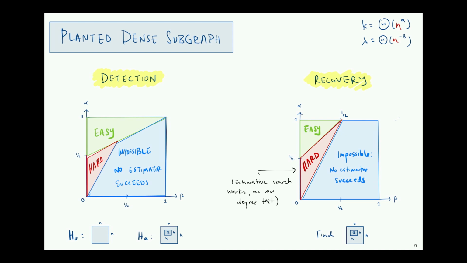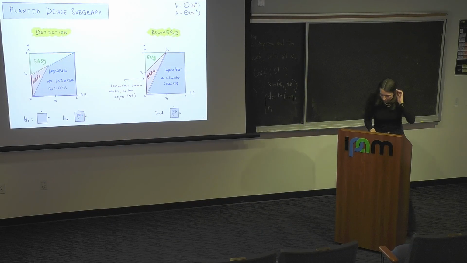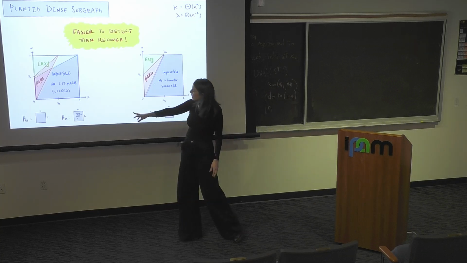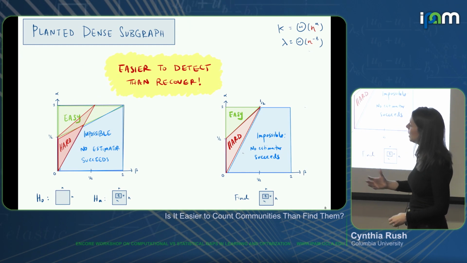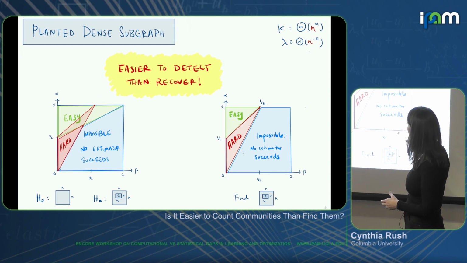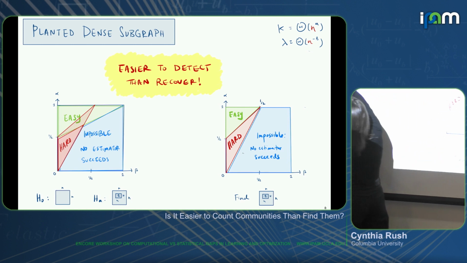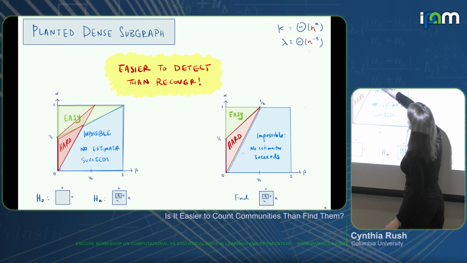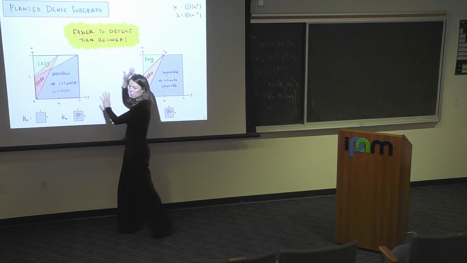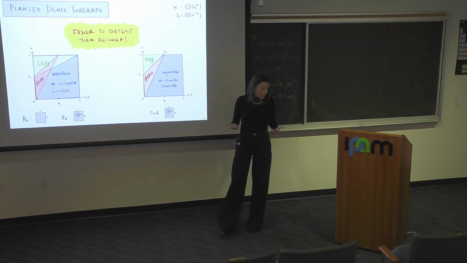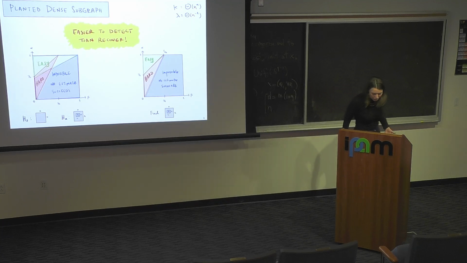The same is true for the recovery problem, but the shapes of the phase diagrams are slightly different. In particular, this shows that detecting the planted structure is easier than recovering it. If you put this hard triangle on this graph, it would be over here. So all of this area is easy for detecting, while for recovery it's either hard or impossible. Detecting is strictly easier than recovery.